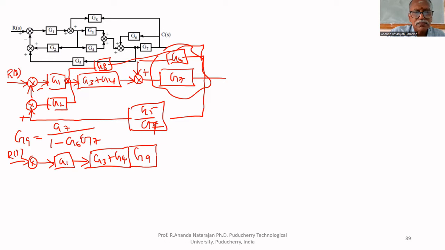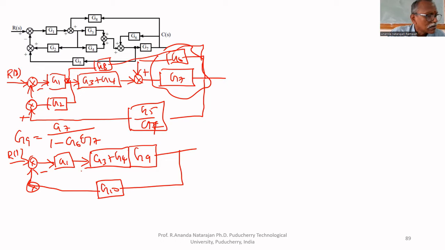That is cascaded. This is G10. G2 is as such.